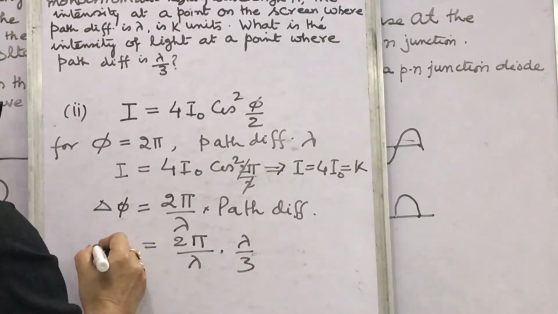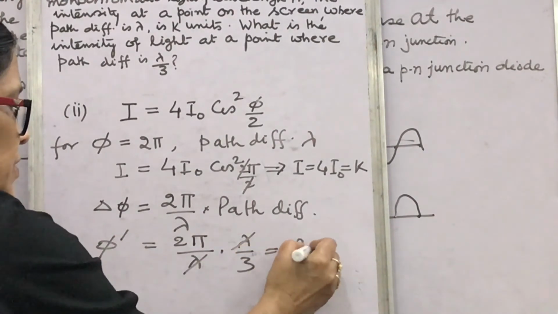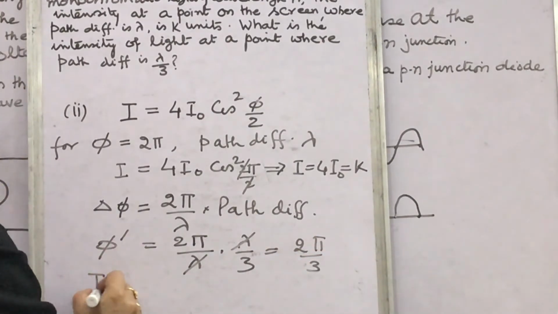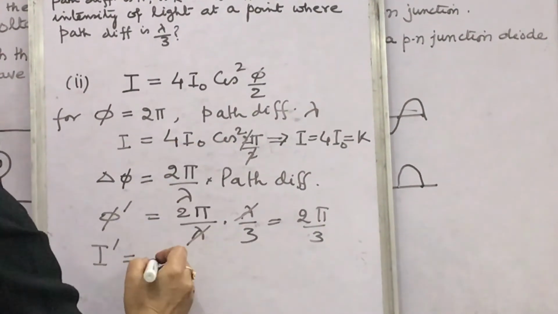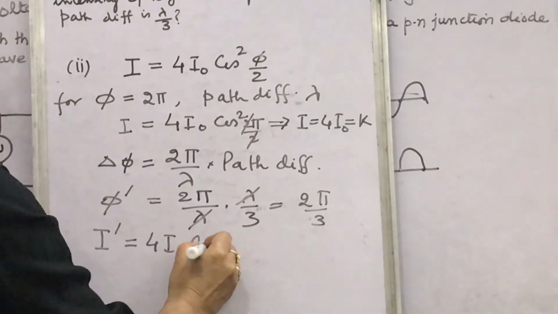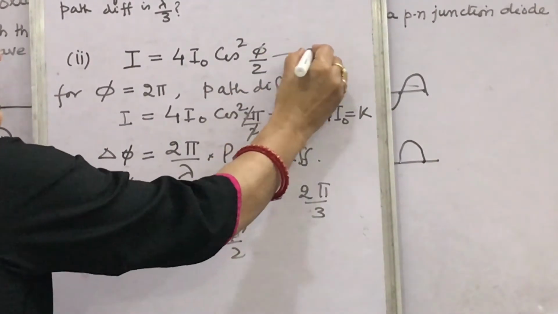What will be this phi dash? This time this lambda is cancelled, so this will be 2 pi by 3. Now in the second case, if intensity is I dash, then I dash will be 4 I naught cos square phi dash by 2 from this expression.